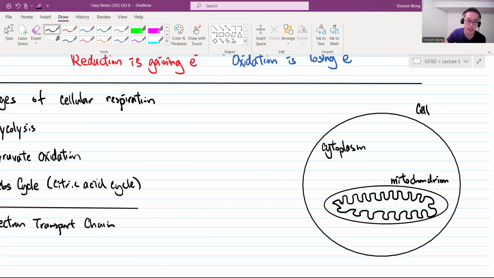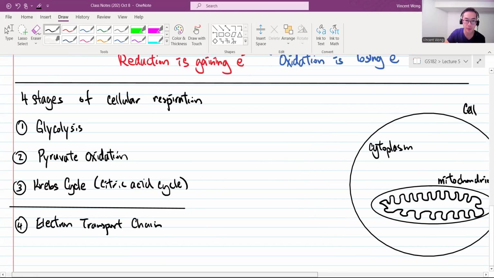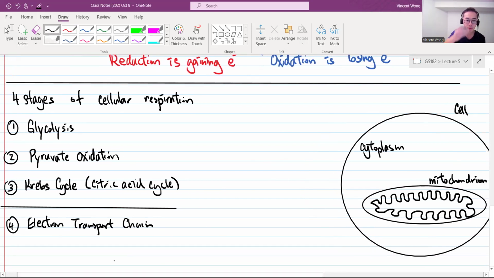So over here, we have four stages. Glycolysis, that happens in the cytoplasm. Step 2 and step 3, they happen in here. Does anybody remember the name of this part of the mitochondria? Like the innermost portion of it? Matrix. That's right, that is the matrix. Thank you. So 2 and 3 happen there.